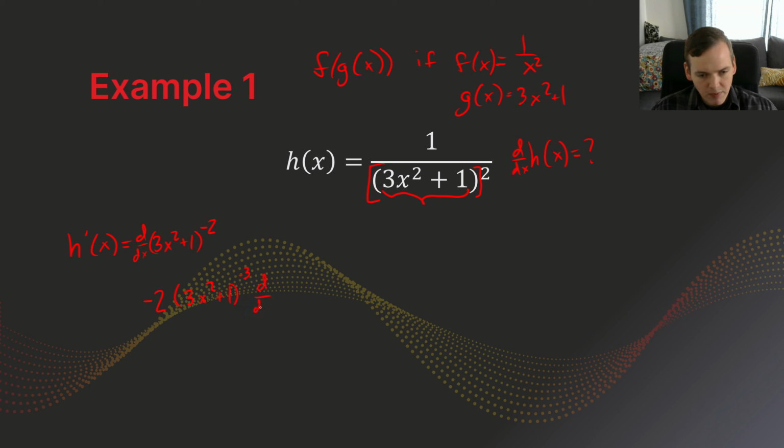And then we also have the derivative of everything inside here, which is 3x squared plus 1, which is going to be equal to negative 2 times 3x squared plus 1 to the negative 3 times 6x plus 0. And so if you want to clean that all up, it's negative 12 over 3x squared plus 1 to the third.